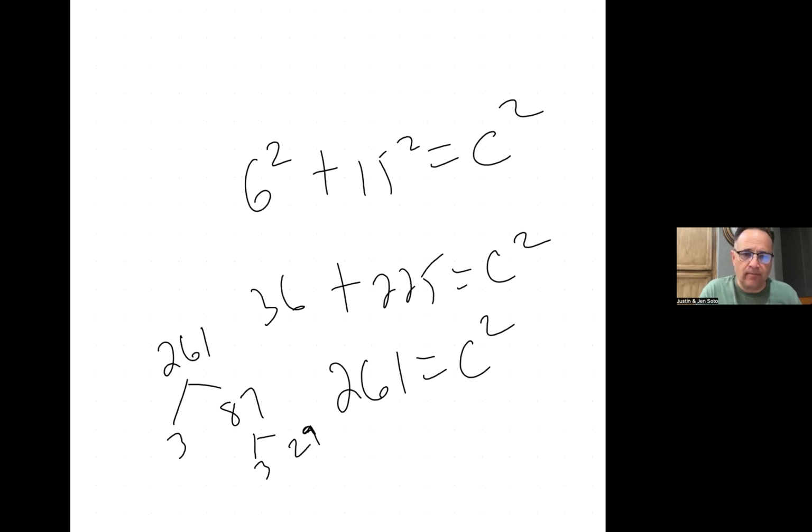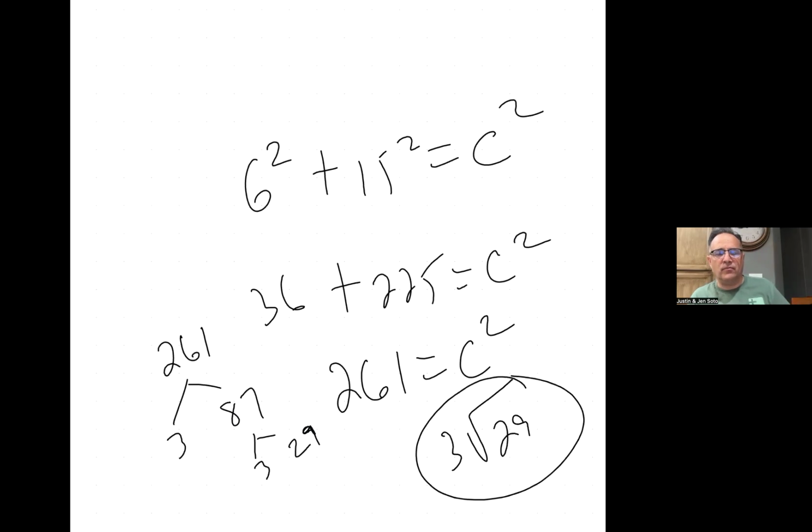Okay, must be the correct answer. 329. There you go. Yep, that must be the right answer. 3 root 29. Looked a little funny to me, but that should be the right answer. And all right, let's go to the next number.